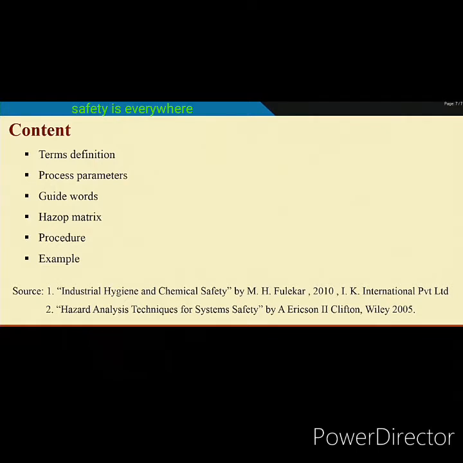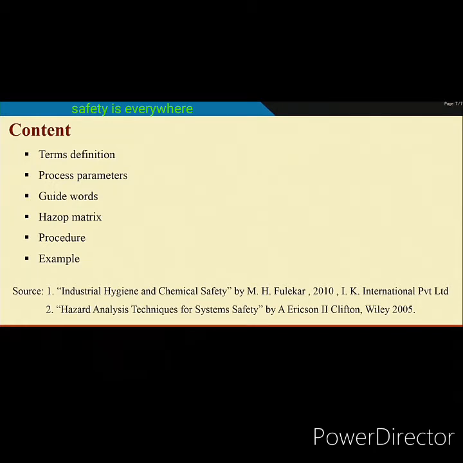You will find many guide words, and then a list of deviations, and then finally you will see the HAZOP matrix. The HAZOP matrix will be developed using certain procedures, that is called the HAZOP procedure, and we will also discuss one example of how to conduct HAZOP.